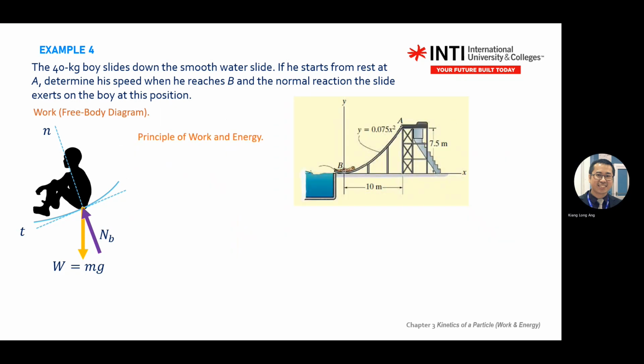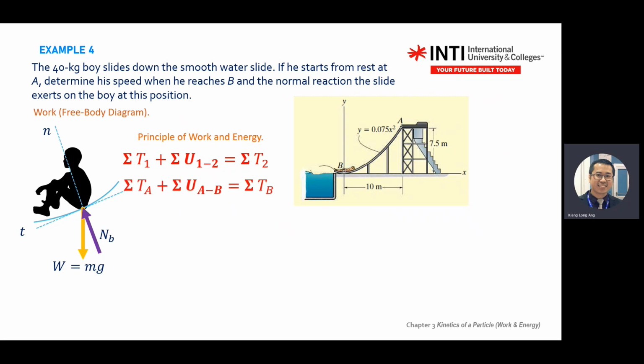So we analyze using the principle of work and energy. You write the work done equals kinetic energy 2 minus kinetic energy 1. Or you can write the same as on the screen: T1 plus the work equals T2.